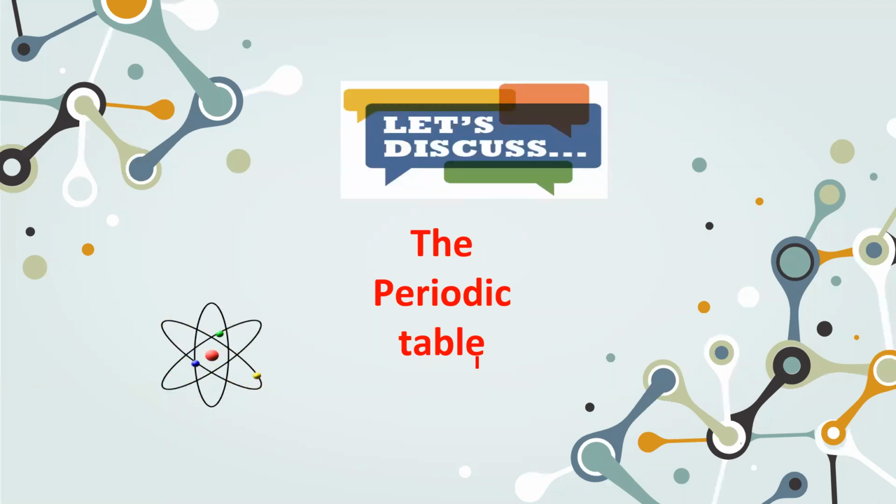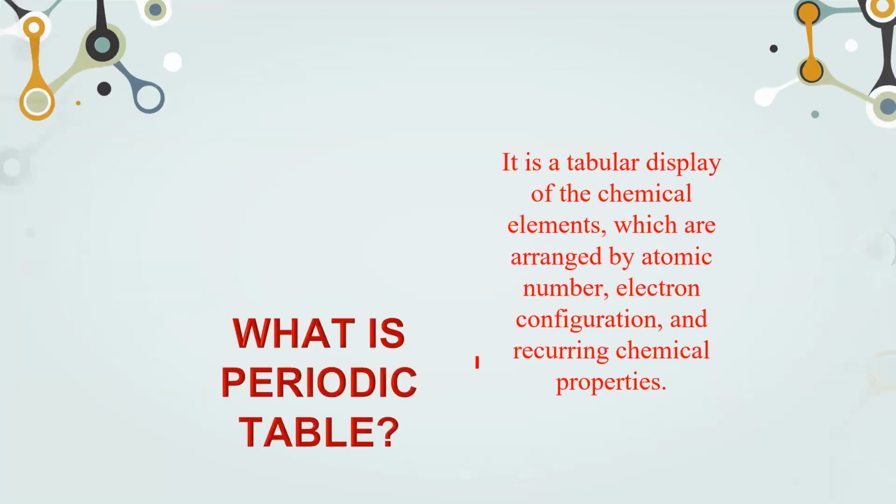Those units are used to deal with such particles, because the masses of the electron, proton, and neutron are very, very small compared to other things. Clear? Okay. Now come towards the periodic table.